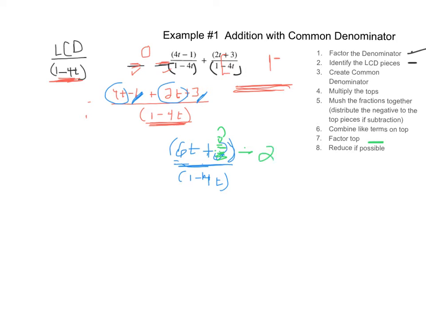So I'm going to take out a 2, leaves me 3t plus 1, over our denominator of 1 minus 4t.